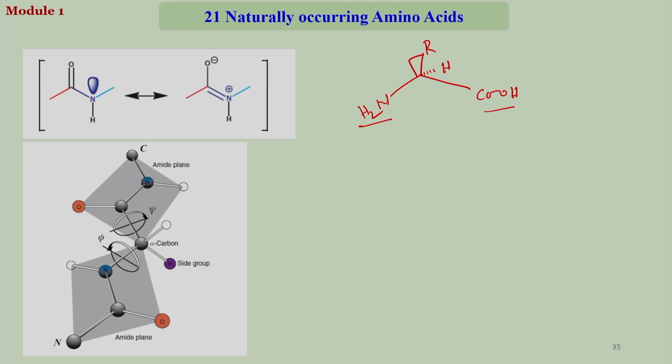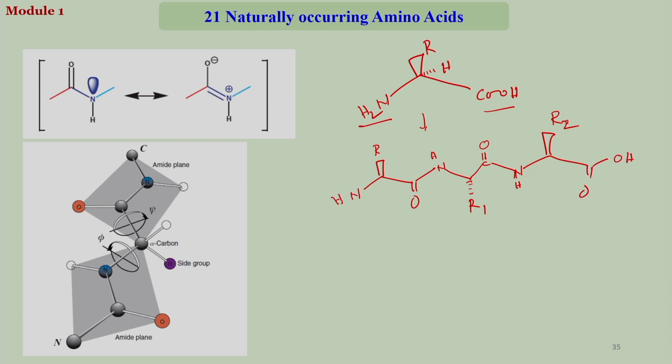If you write a peptide out of it, then you can see, not writing all of it, CO and then NH, then this will come down the plane, R1, CO, NH, this will go up again, R2, and the end is carboxylic acid and here can be the amine.